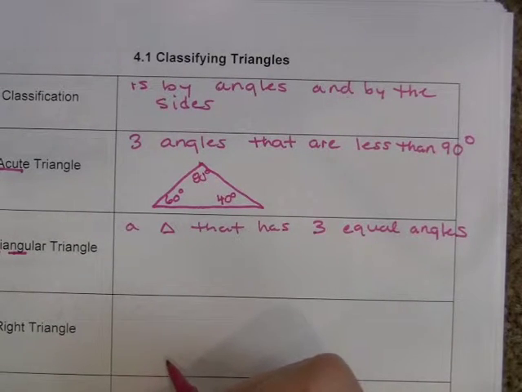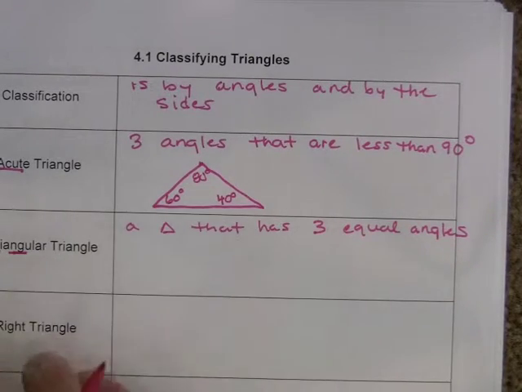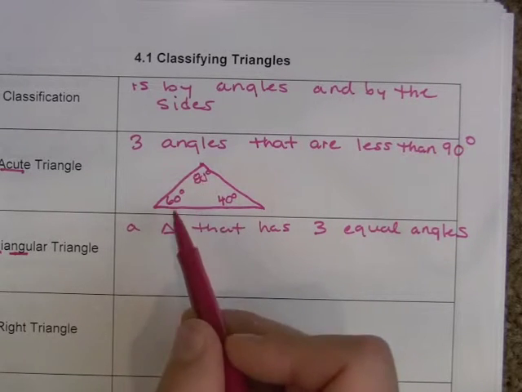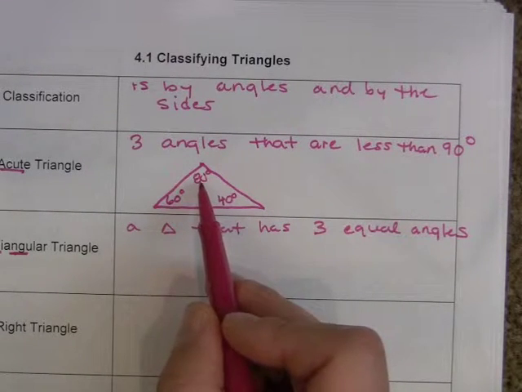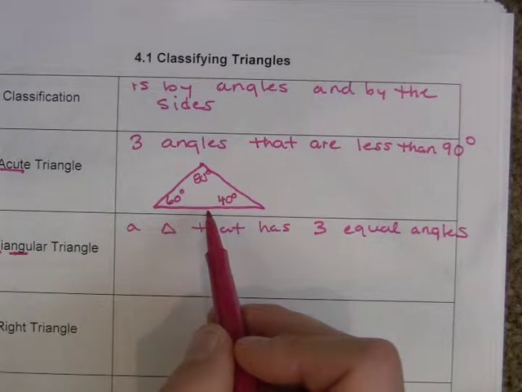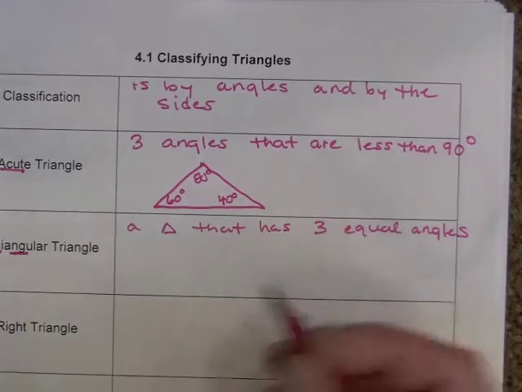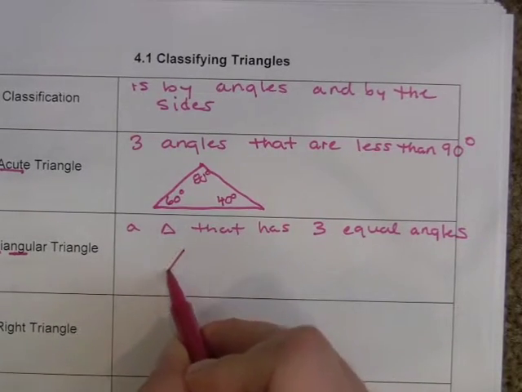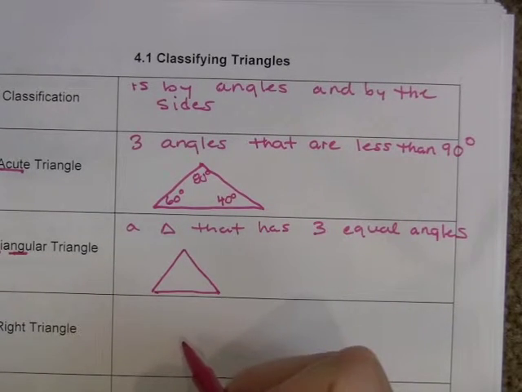Now you've probably already learned that in a triangle we know that the three angles inside will add up to 180. Look at my example before up here. I have 60 plus 40 is 100 plus 80 gives me 180 degrees. Every single triangle that you have will add up to 180 degrees. So in essence, when I have an equiangular triangle, I know all three angles will add up to 180 and all three have to be equal.